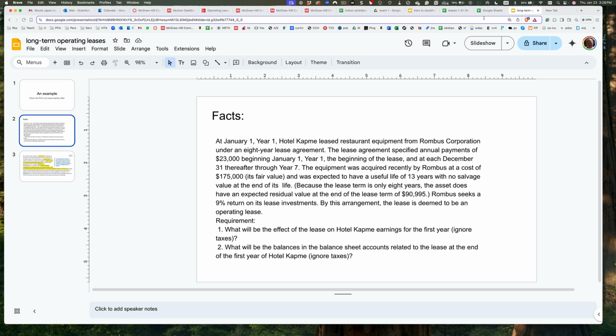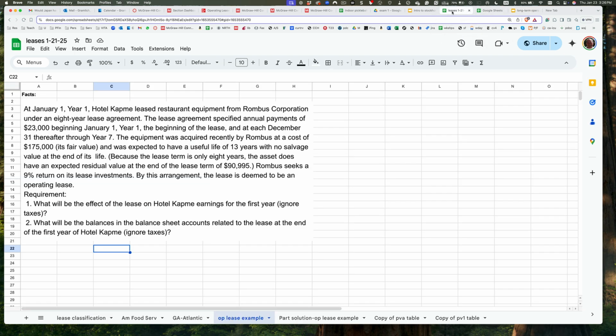So what we're going to do is take a look at this. And the first thing I like to do is recognize that we have a payment and do a timeline here. January 1, year 1. And then we have December 31, year 1.